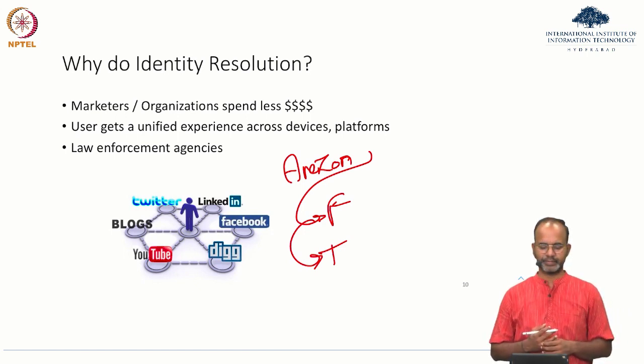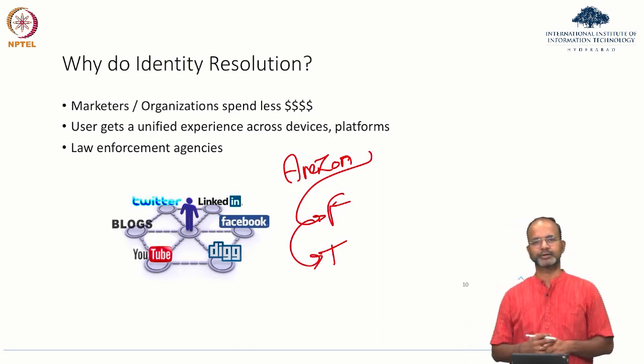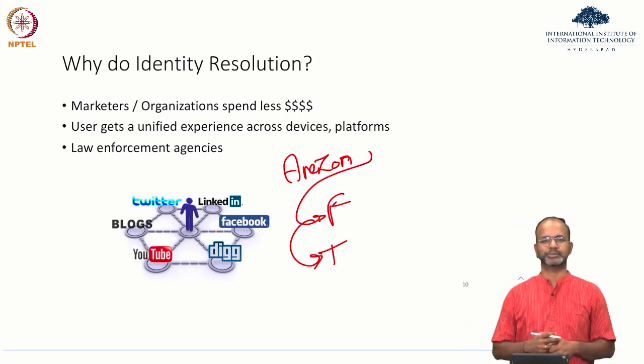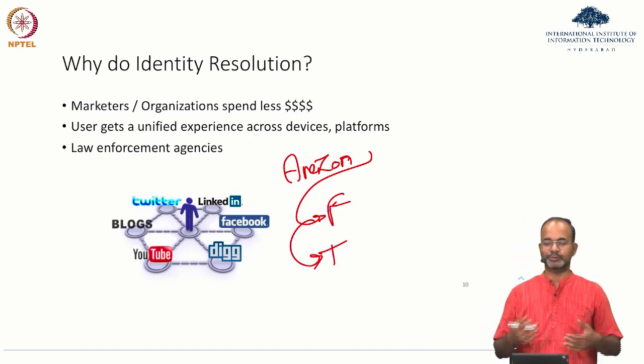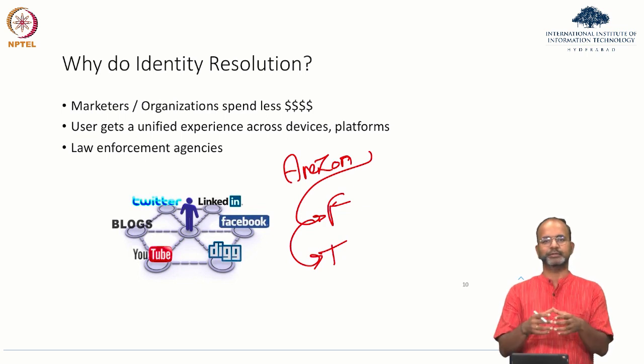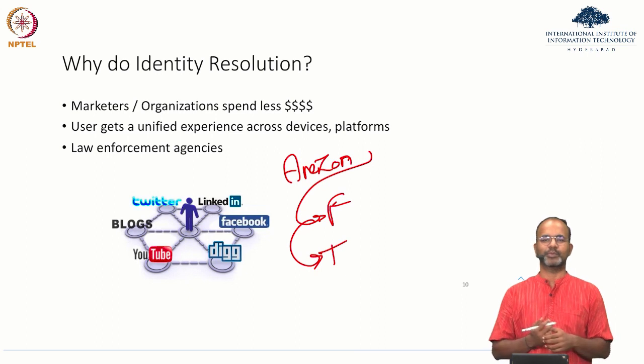I'll repeat again. Let's take IIIT Hyderabad's scenario. If IIIT Hyderabad has to send an ad for its new program to the students in Hyderabad, or to the parents in Hyderabad who have kids between a certain age, if we know that their handles on LinkedIn and Facebook are the same, I have to send only one ad instead of two ads, because two ads is more expensive.